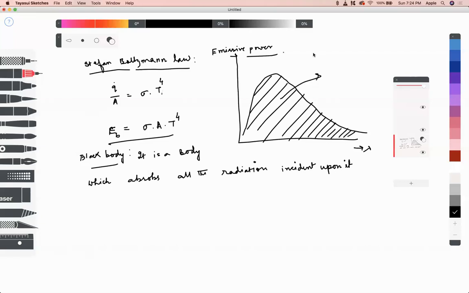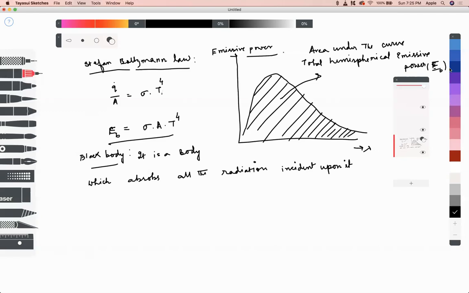So the area under the curve will give you the total hemispherical emissive power, denoted by E suffix b. And this is with respect to a black body.